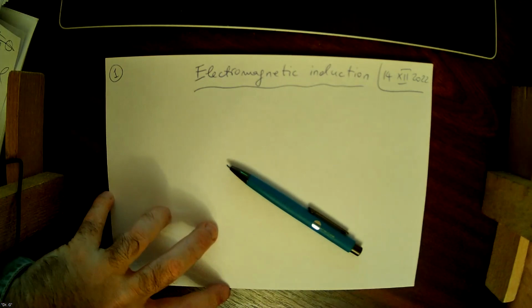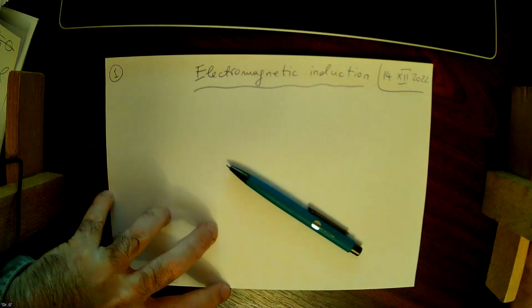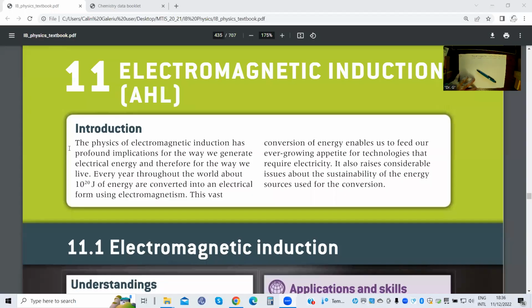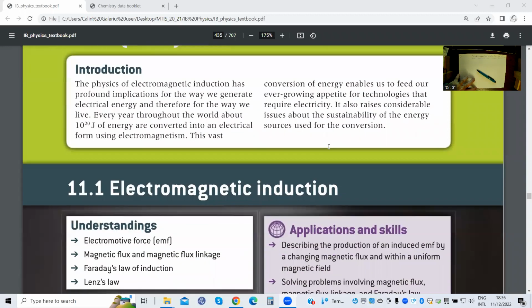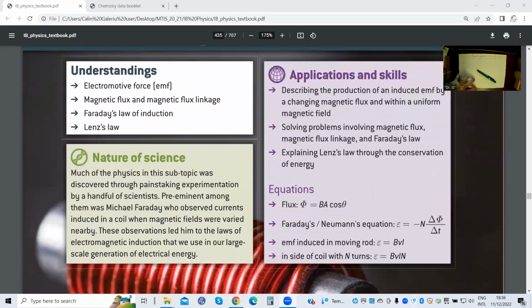Okay, this is chapter 11. And we'll start by looking at the electromotive force induced in a moving rod.